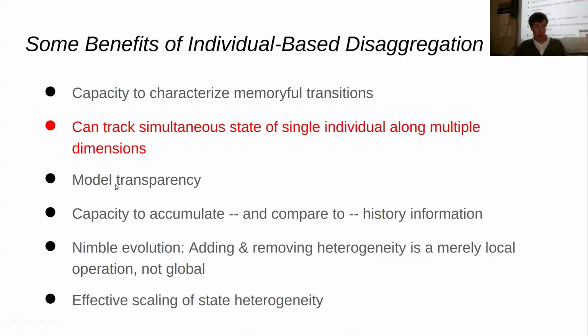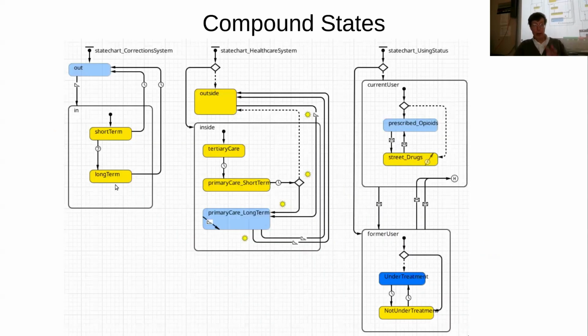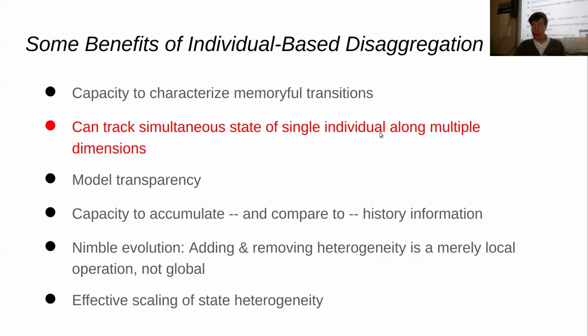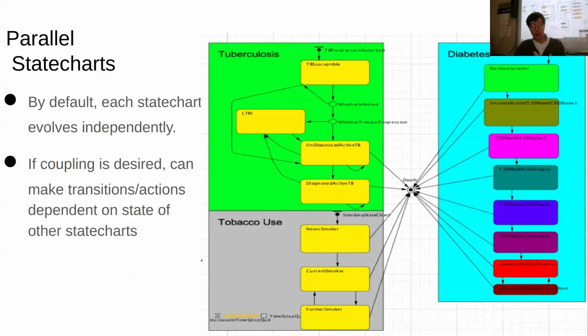That supports some model transparency. Each type of concern goes in its own place, as it were. It's appropriately separated from the others, encapsulated within a given state chart. That's an advantage of having those state charts delineated separately.